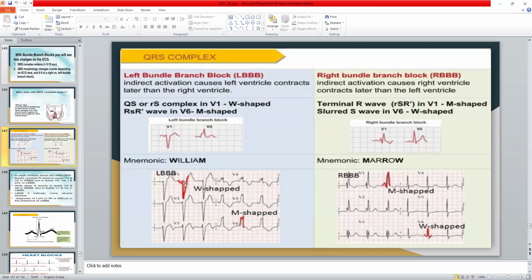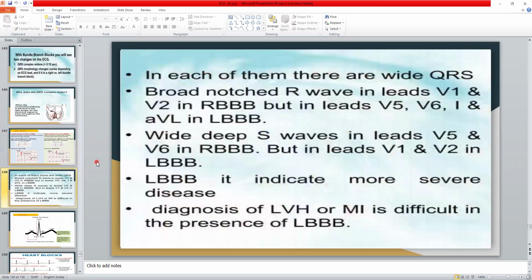Whereas in left bundle branch block, it is W-shaped in V1 and M-shaped in V6. So in both the left bundle branch block and the right bundle branch block, there is a wide QRS complex.